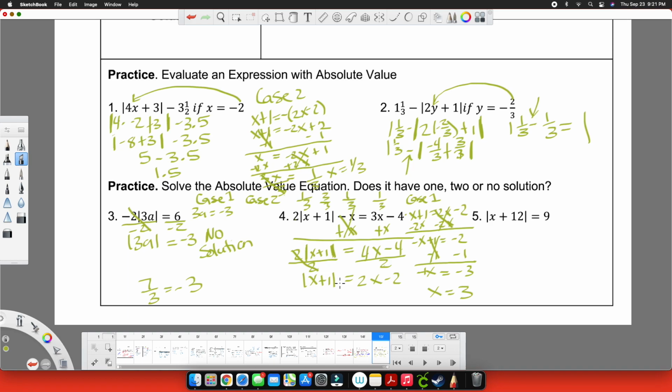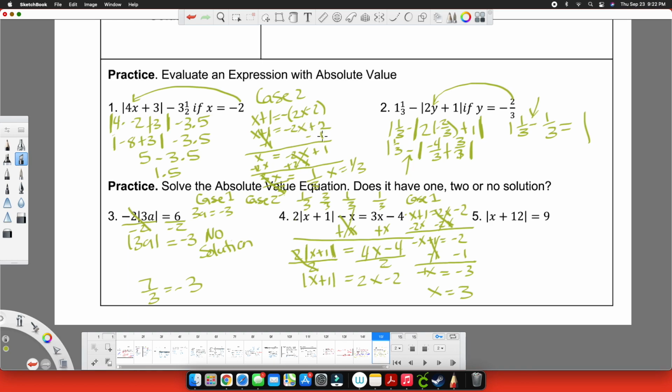So let's see. Did we do something funky up here? I subtracted 1, and it was 2x minus 2, negative 2x plus 2, so that should be good.